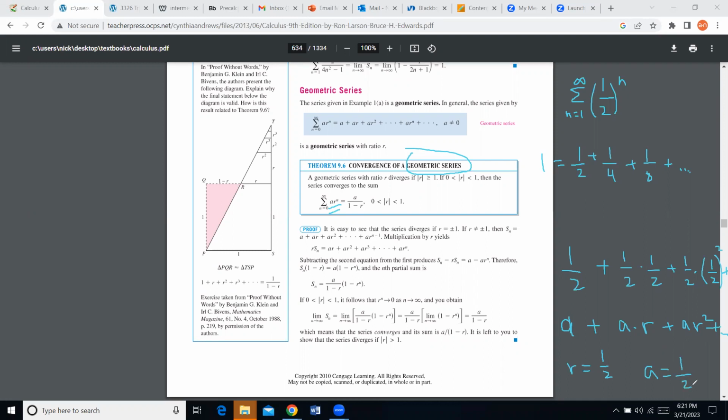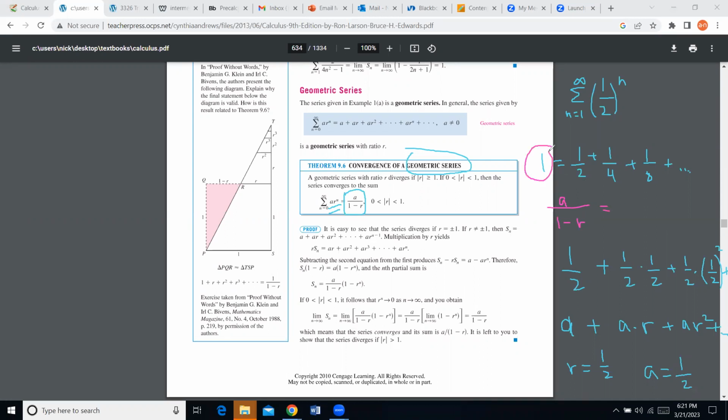So we got this kind of series in here. And they say that the sum is going to be something like that. I say, really, let me check this out. What is the a over 1 minus r?